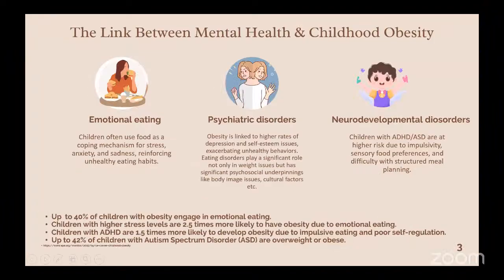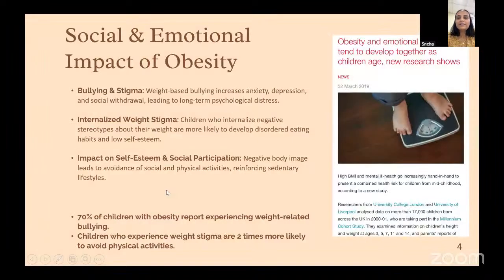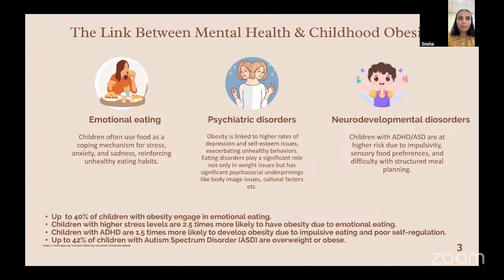So the link between mental health and childhood obesity, we have to understand this as it is very important. We all know about emotional eating, right? Even we do it at times, but children usually don't understand the way to stop because of anxiety or sadness or their low mood. They might be using it as a coping mechanism, which can lead to unwanted weight gain.